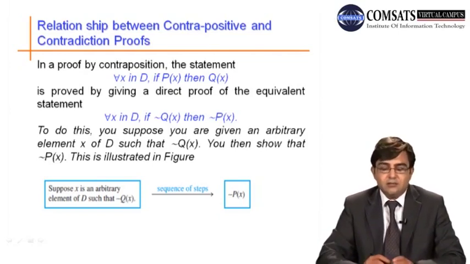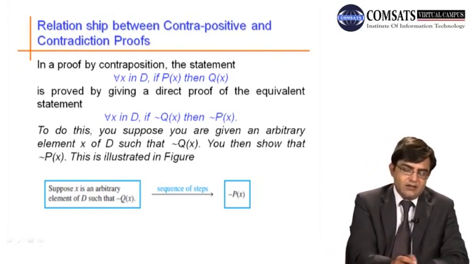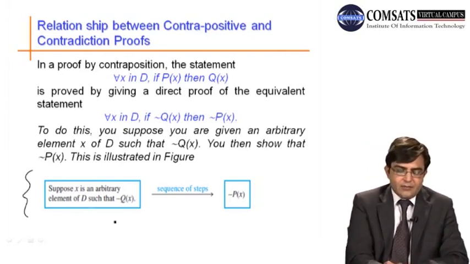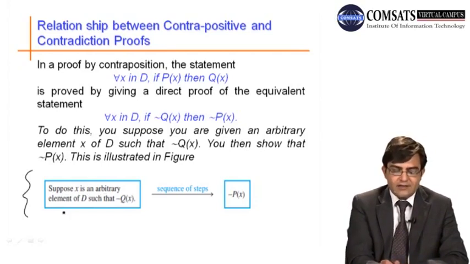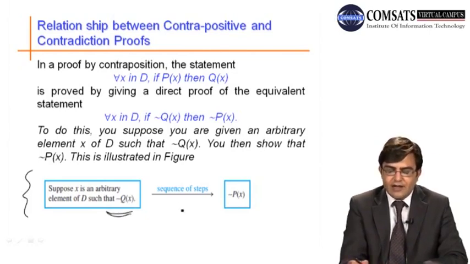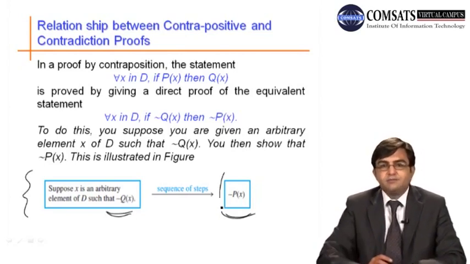We suppose that not q of x is true, and then we prove not p of x is also true. Symbolically, we suppose for an arbitrary x which is an element of D, that not q of x is true, and after a sequence of steps, we prove that not p of x is also true. What we prove in this contrapositive method is that not p of x is true.